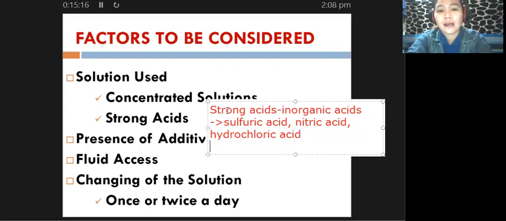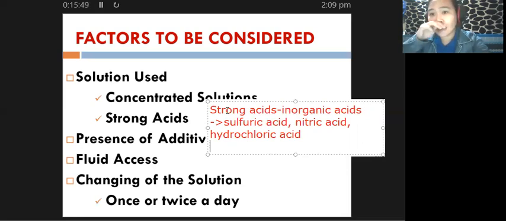Let me just remind you about the characteristic of your strong acids. When we say strong acids, if you are going to put them in an aqueous solution and look at their dissociation, your strong acids will dissociate completely into the elemental forms that make up your strong acids.